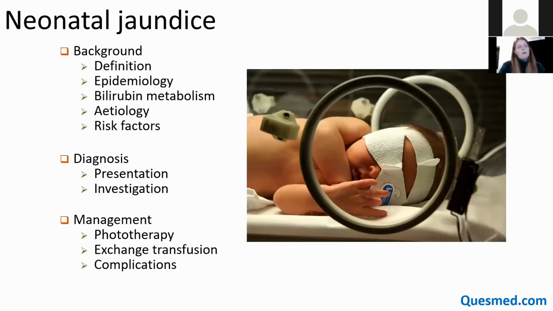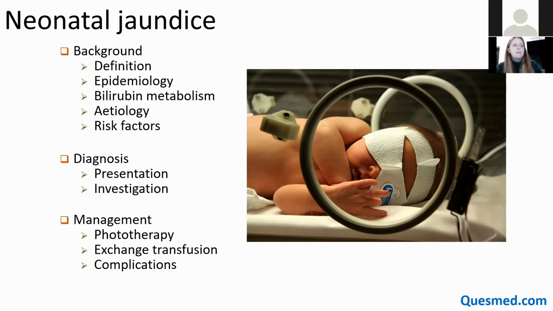Okay, so just a little bit about what we're going to cover today. We're going to start off talking about the general background elements of neonatal jaundice, so definition, a bit of epidemiology, a little bit of a recap on the physiology of bilirubin metabolism, then talking a little bit about the etiology of jaundice and risk factors for it.